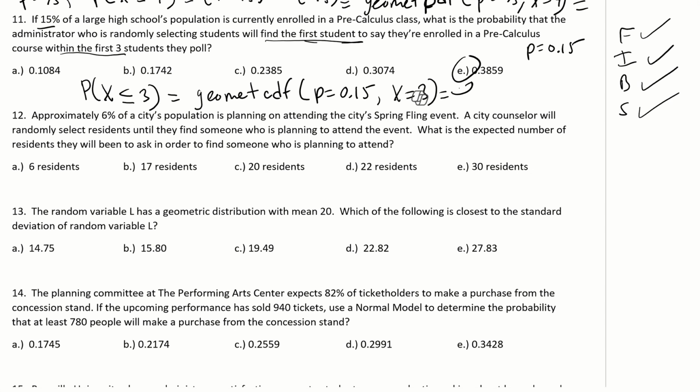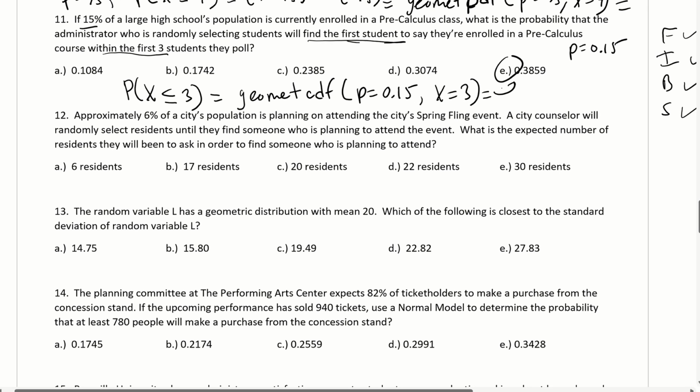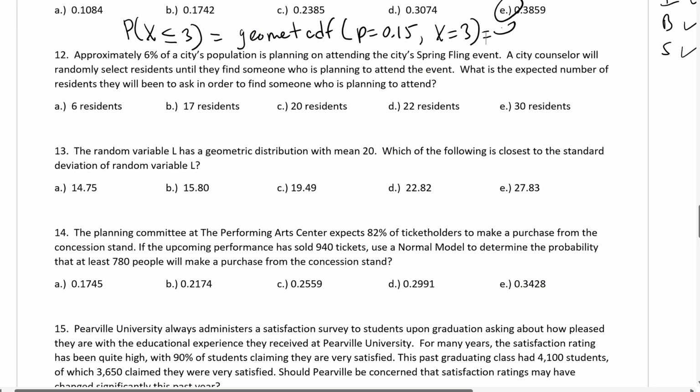Okay, all right, so let's look at number 12. Approximately 6% of the population is planning on attending the spring event. City council will randomly select residents until they find somebody, so that's clearly geometric. What is the expected number of residents they will need to ask in order to find someone who is planning to attend? So that's an expected value.